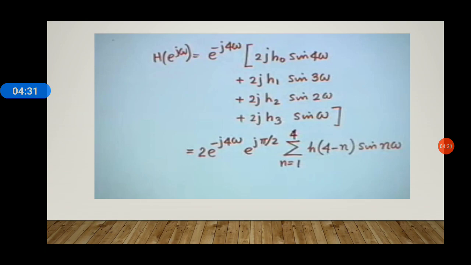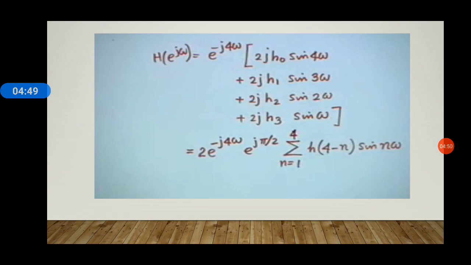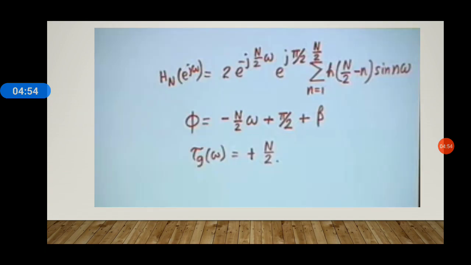And so here we have 2 e to the power minus j4 omega into e to the power j pi by 2, summation n going from 1 to 4 h(4 minus n) sin(n omega). So this is the particular equation when N is equal to 8. But in general, the general equation would be this.